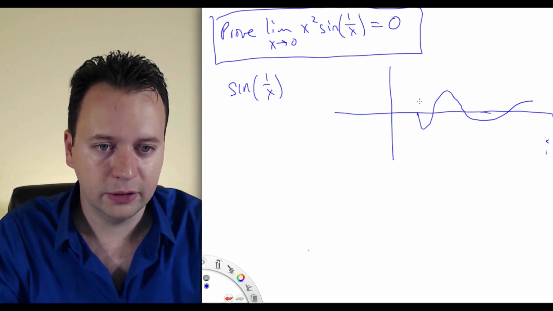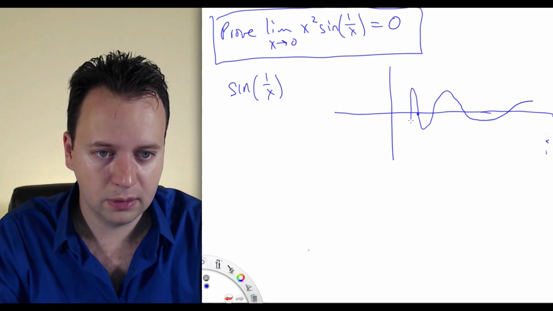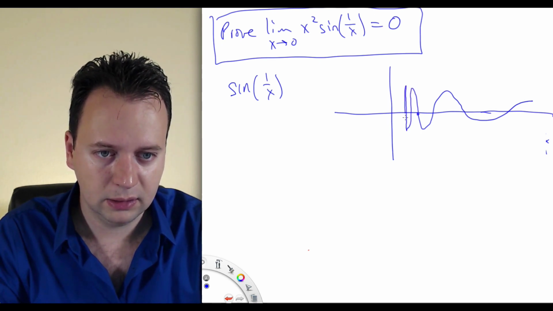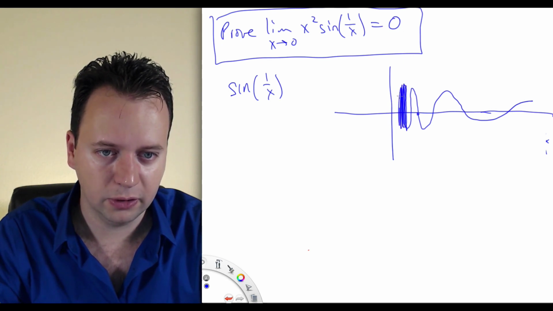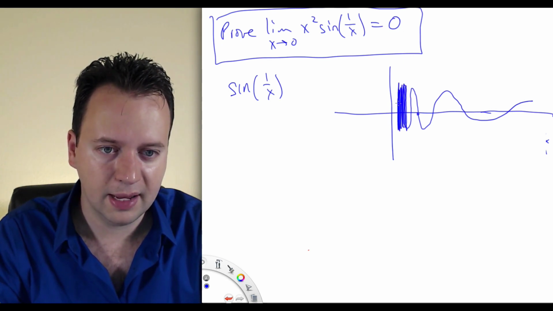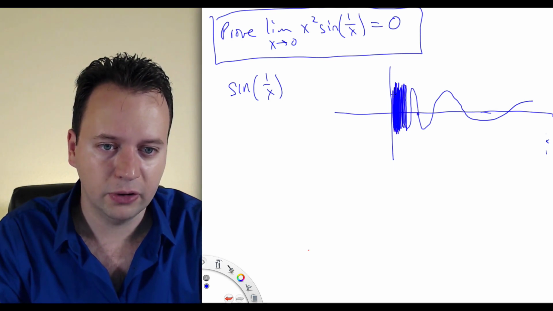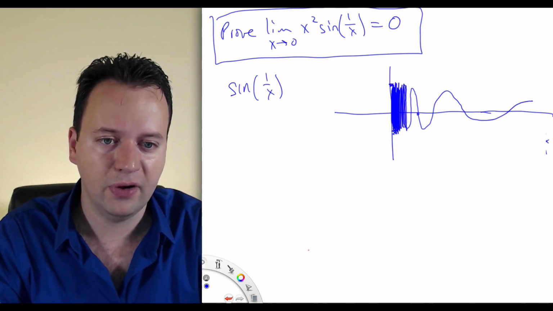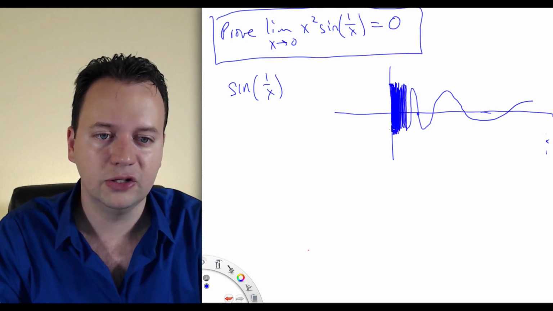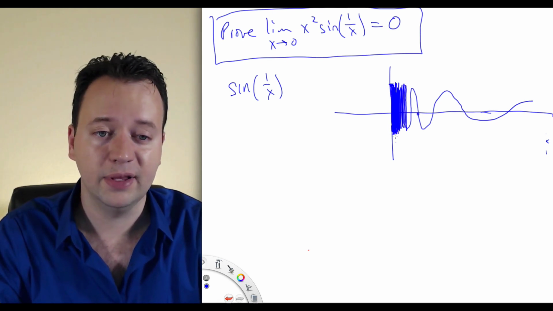But then what's interesting is when we get close to 0, these oscillations quickly get closer and closer together. Remember, they're oscillating up and down between +1 and -1. They just go up and down, closer and closer together, and there's an infinite number of them. So it never settles at any particular y value. It's just going up and down, up and down.